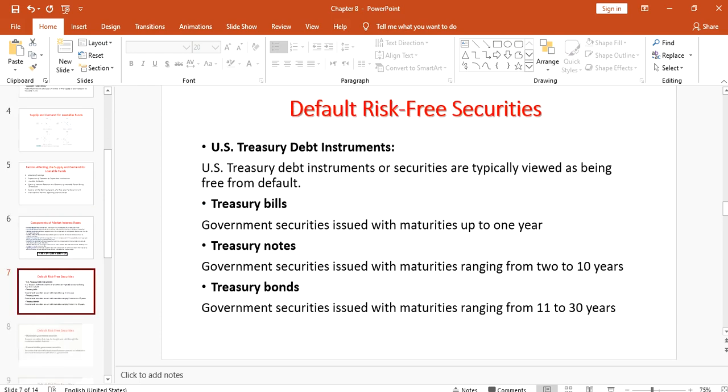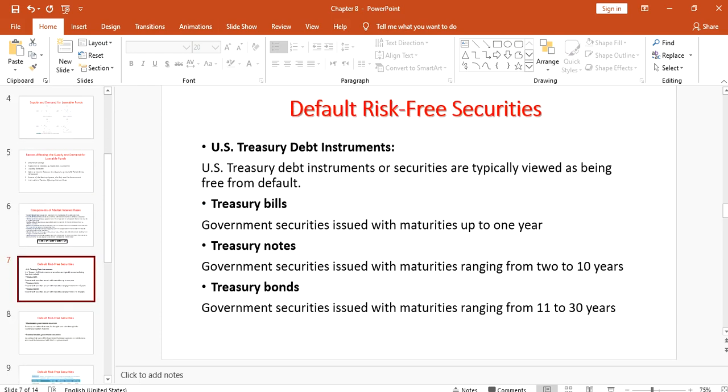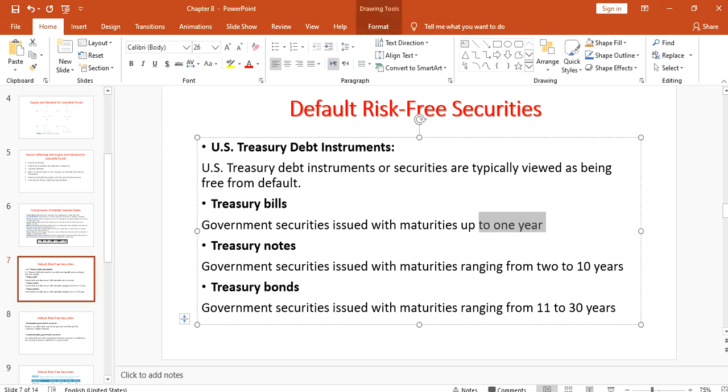So, talking about default risk-free securities, as I said, it is the U.S. Treasury bond, U.S. Treasury bill, or Treasury notes. Okay, all are the same, all are bonds, but the differences are in terms of maturity. Treasury bills have the maturity up to 1 year, not more.